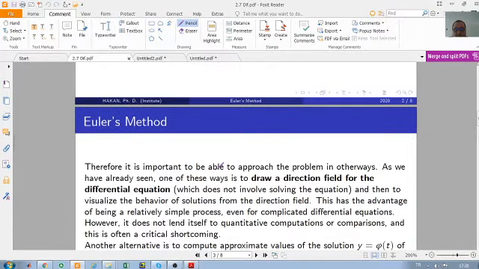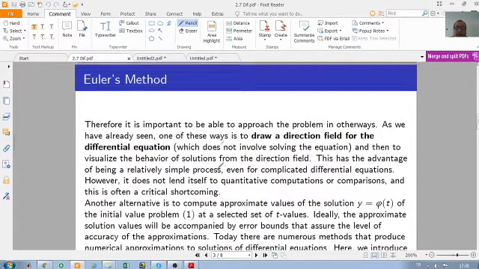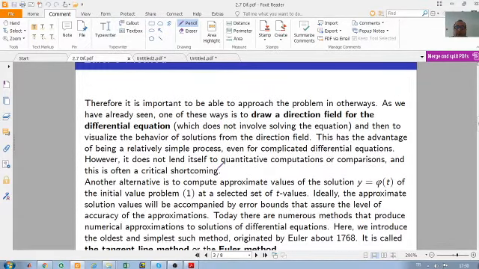Therefore, it is important to be able to approach the problem in other ways. As we have already seen, one of these ways is to draw a direction field for the differential equation, which does not involve solving the equation, and then to visualize the behavior of solutions from the direction field.